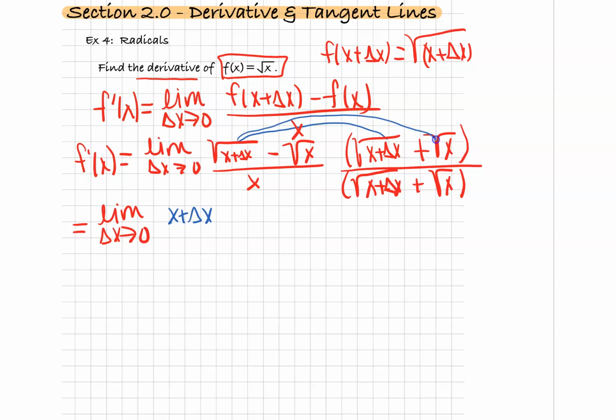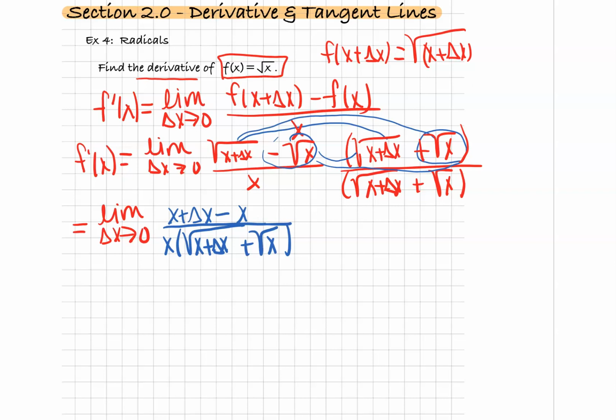This first radical times this one gives me the square root of x times the square root of x plus delta x. But when I go to the inside, it gives me the negative version of that, so I don't have a middle term. And then the negative square root of x times the positive square root of x gives me minus x. So be careful with that. All over delta x times the parentheses, square root of x plus delta x plus the square root of x. And again, I'm not going to distribute that out.